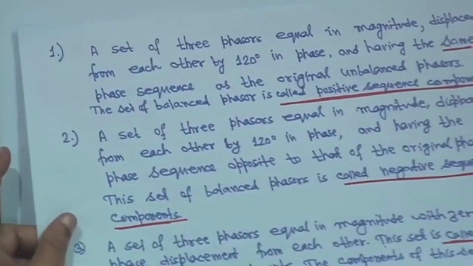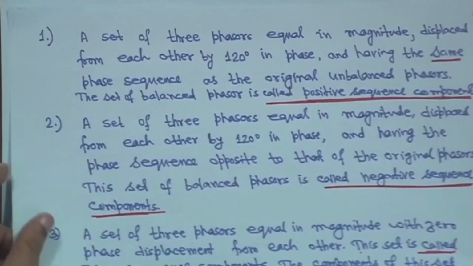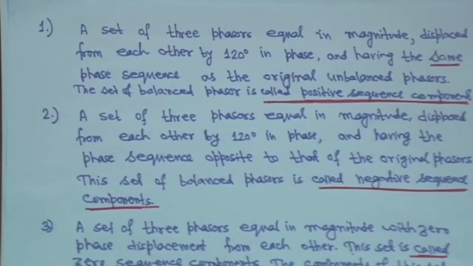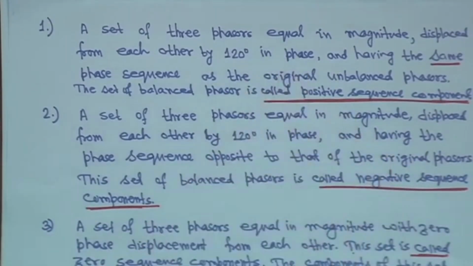First, a set of 3 phasors equal in magnitude, displaced from each other by 120 degree in phase and having the same phase sequence as the original unbalanced phasors; this set of balanced phasors is called positive sequence component.